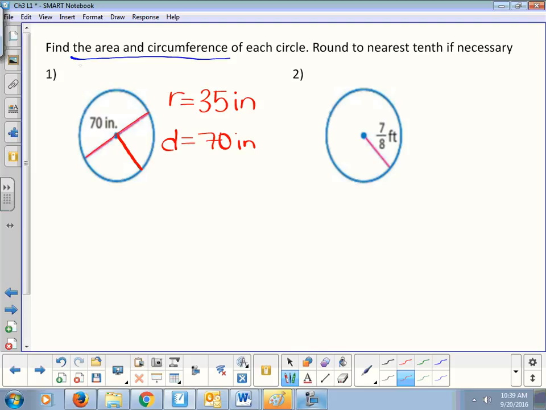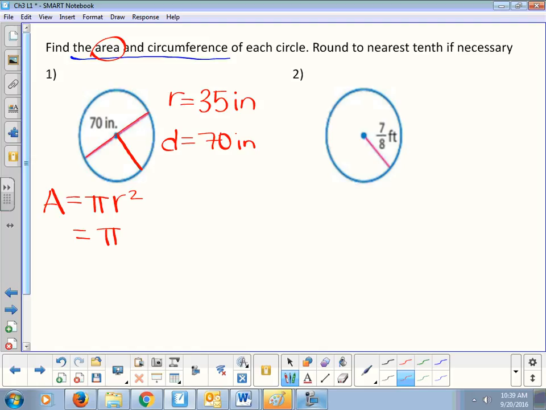inches. We can start by finding our area. And what's the formula for area? Area equals pi r squared. So for this, I'm going to bring down my pi.